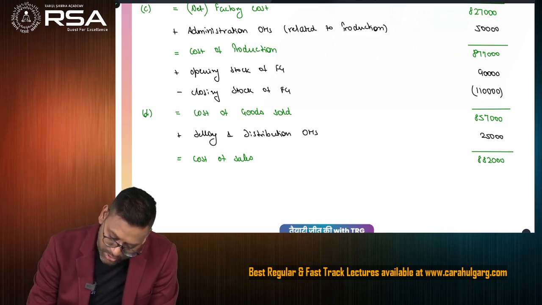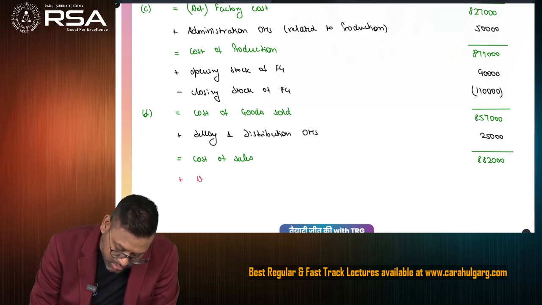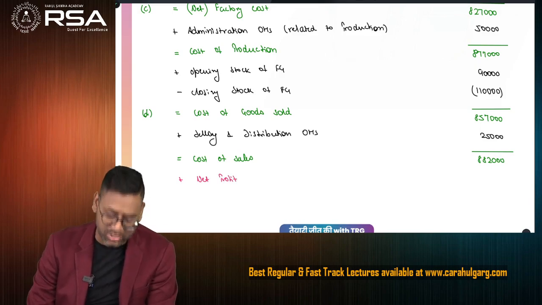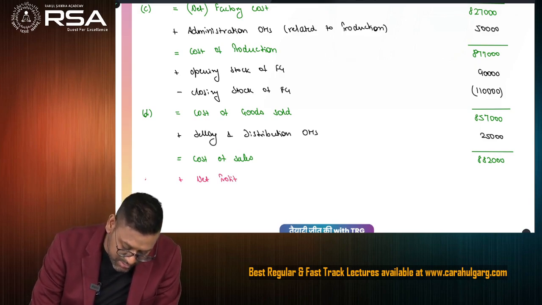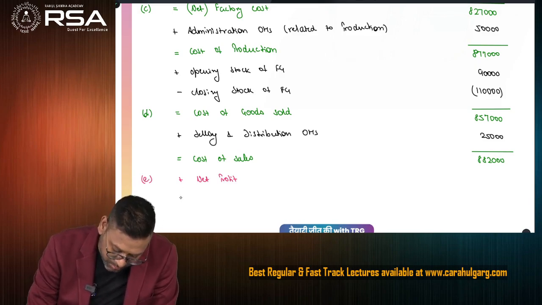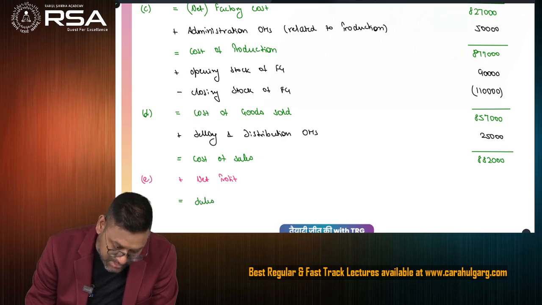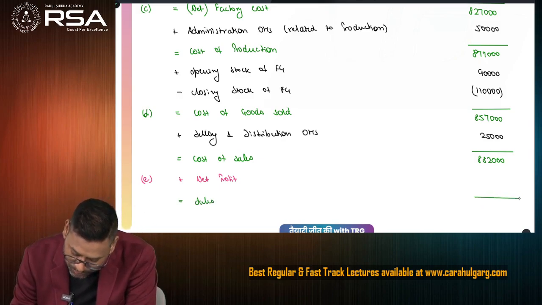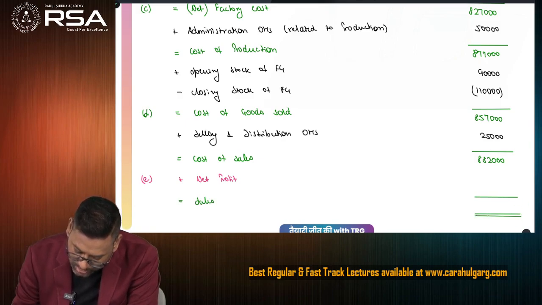8,82,000. Then you add the net profit, given as point number E. The question has given the wording net profit, otherwise it is simply profit. When you add it up, you get the figure of sales. The value of sales is given in the question as rupee 10 lakh.